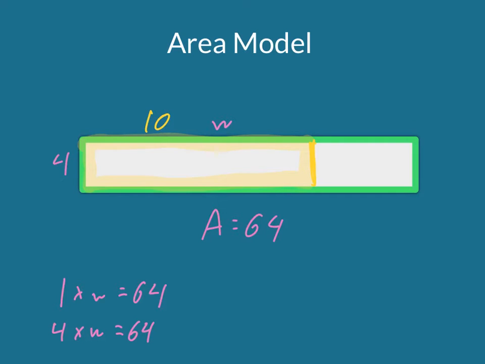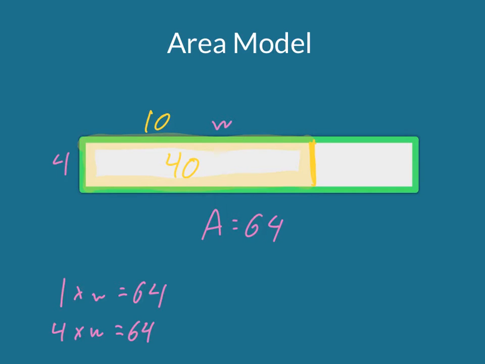Great. If this is 4 high and 10 wide, the area of this box must actually be 40. All right, I'm doing well. I still don't know the area of this other box, but if I know the area of this box is 40, simple math tells me that whatever's in this box is going to be 40 less than 64.